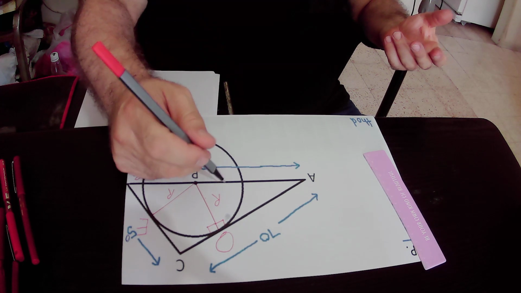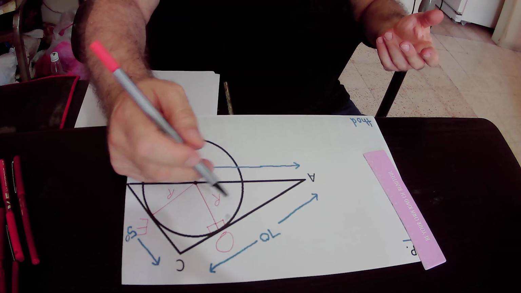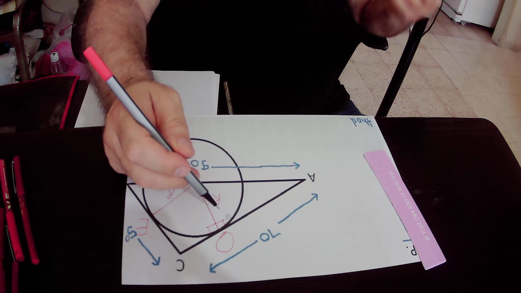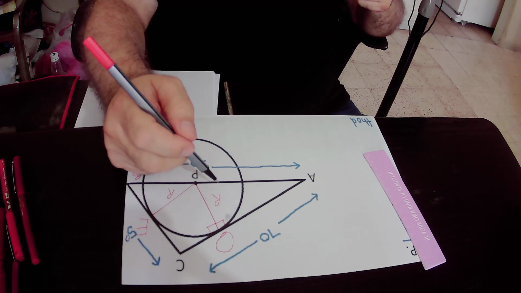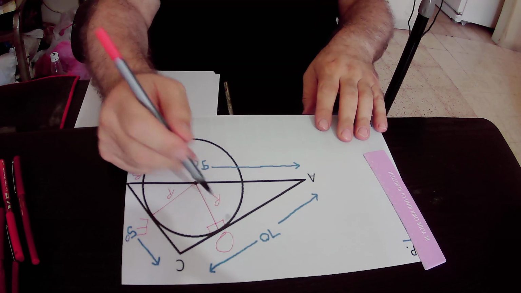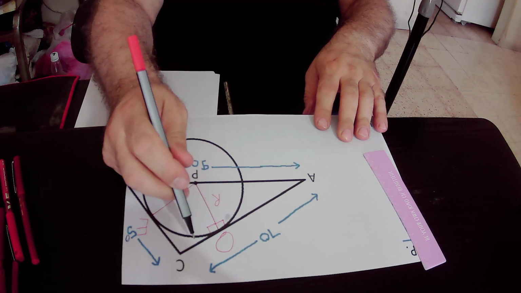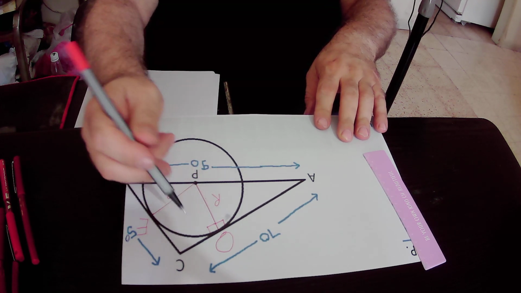Because they are perpendicular to AC, the meaning of that is that angle POA equals 90 degrees, and also angle POC is equal to 90 degrees.